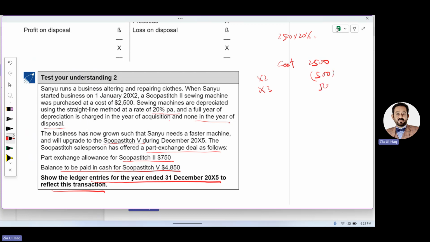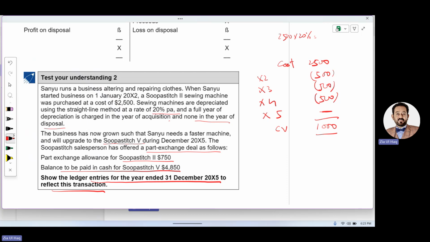For 20x3, 500. 20x4, 500. And 20x5, no depreciation because it's the year of disposal. So the carrying value is what? 1,000.